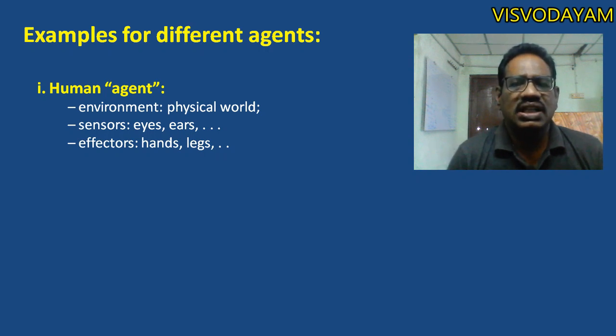And based on the agent function which is available in our brain, with the sensed data, we are going to do certain effects on the environment through actuators, which we can also call effectors. We can do certain things with the hands and legs. So these are the actuators, the end effectors: hands and legs.